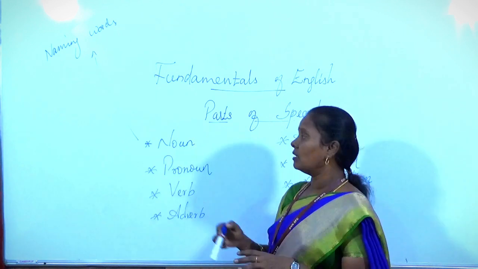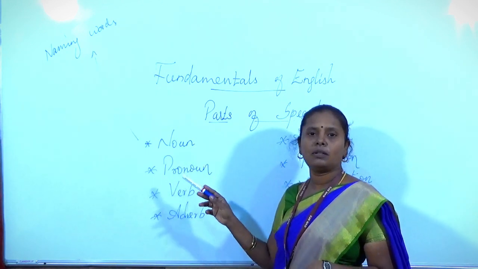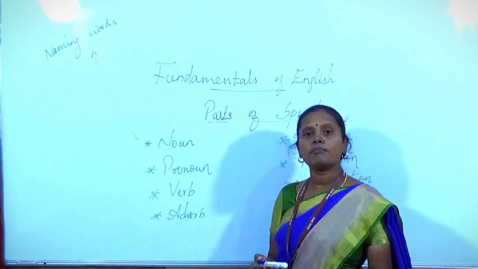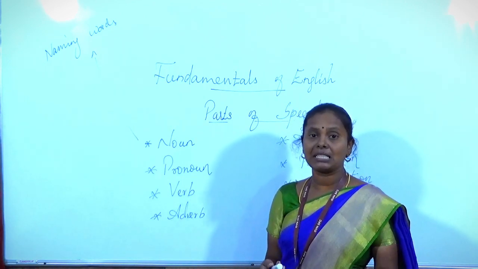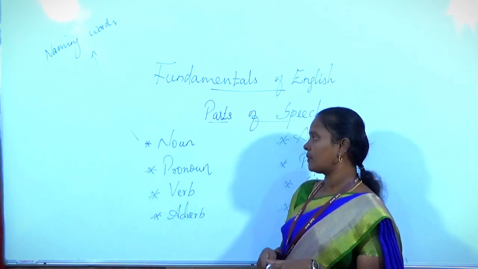So, as I said, noun is a naming word, whatever it may be: name of a person, name of a place, or name of a material. We can say a thing or object.